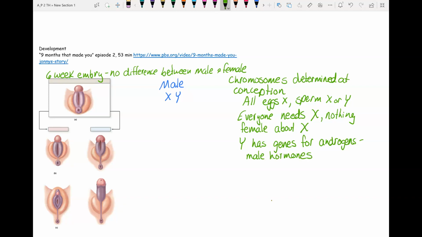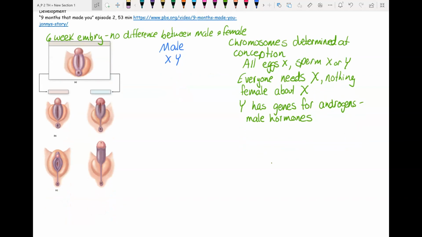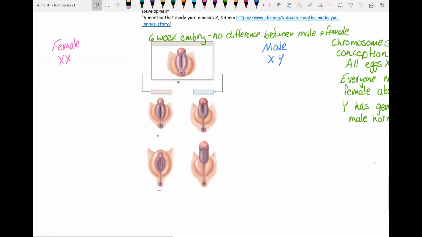So an embryo that has a Y after 6 weeks will start making male hormones, and those male hormones cause the embryo to become a male. So female is the default. Having 2 X's isn't what makes you a female. It's lacking a Y that makes you a female.